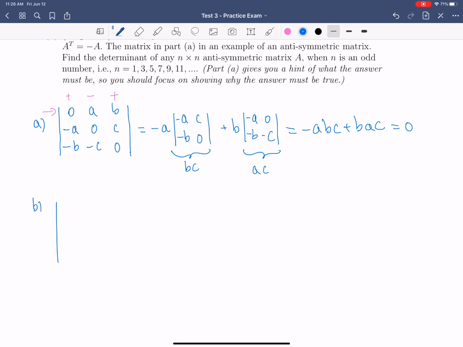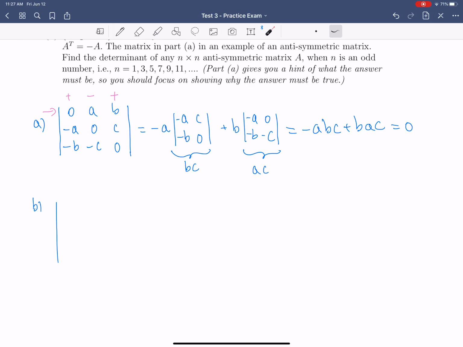Now, if I have a bigger matrix, what do I get? Oh, I have a feel this needs to be done differently. What I'm thinking of is maybe subtracting things. If we do this row minus that row, what will we get?